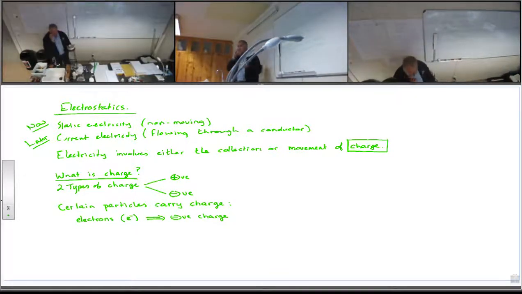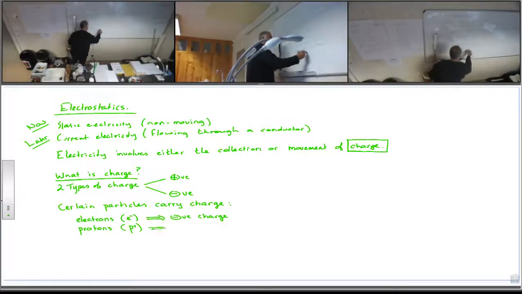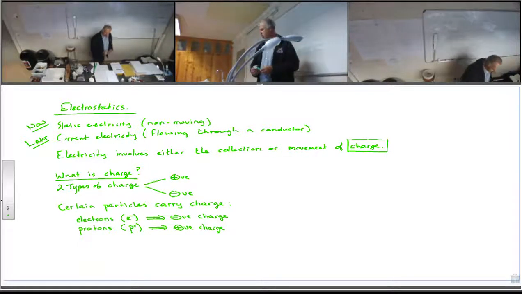Okay. Protons. p positive. They carry a positive charge. Are there any other particles that we know of that carry charge?